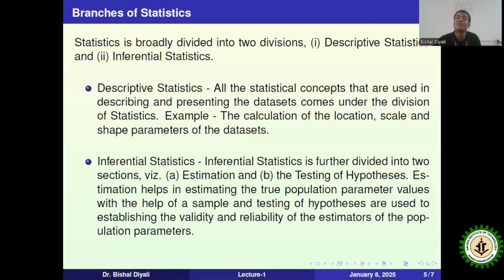If you want to talk about shape parameters, then we can calculate skewness, kurtosis, moments. Those all give ideas about the shape of the distribution of the data. So everything that is used for describing data sets comes under descriptive statistics.